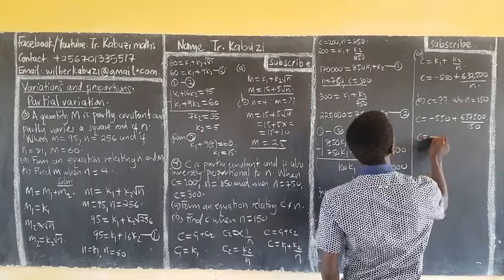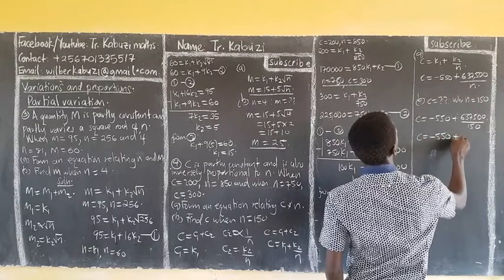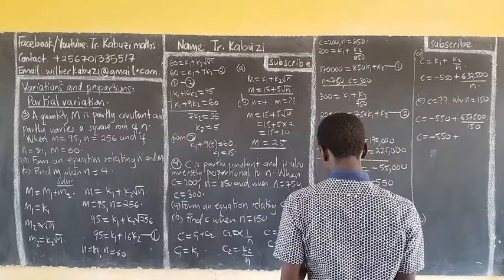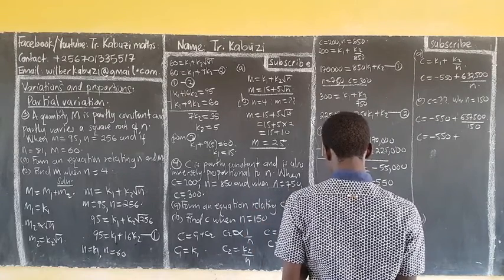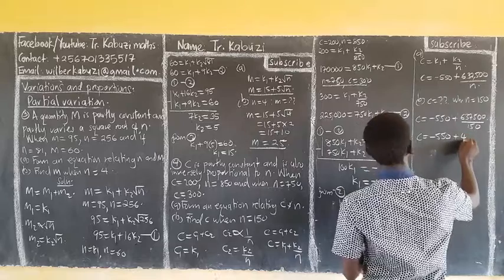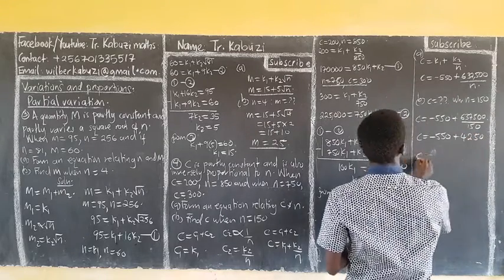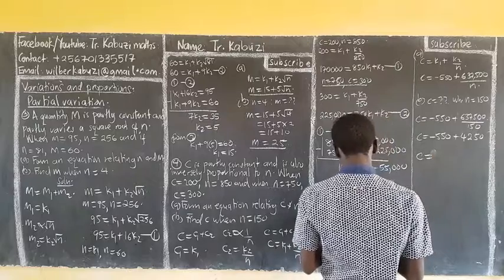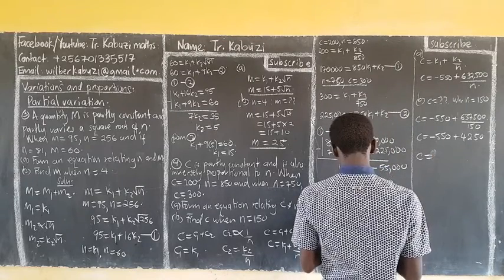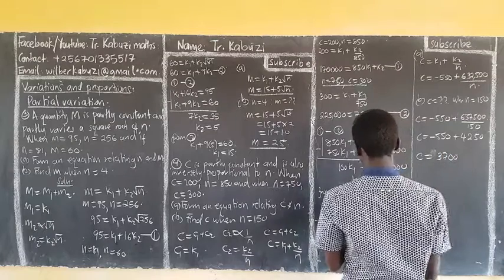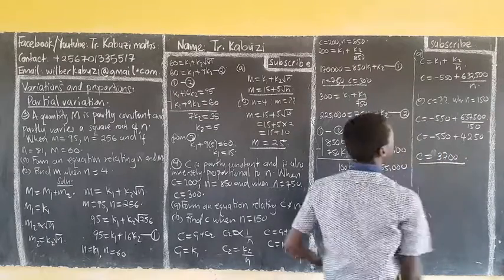Then you get your calculator and you divide that. This one is giving me 4,250. So my C will be, if you get this minus that, you see I get 3700. And that is the value for C.